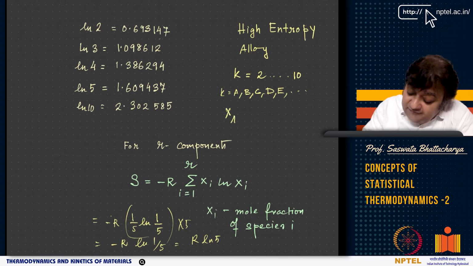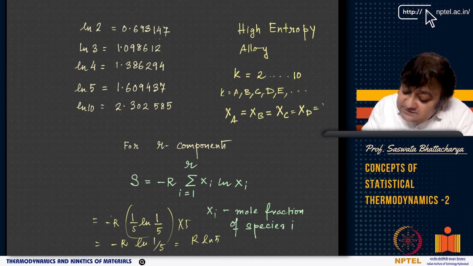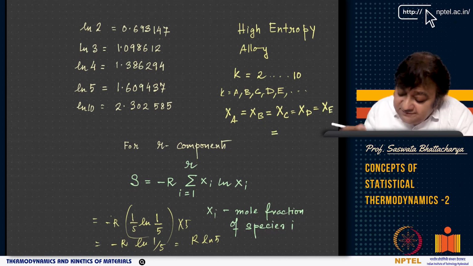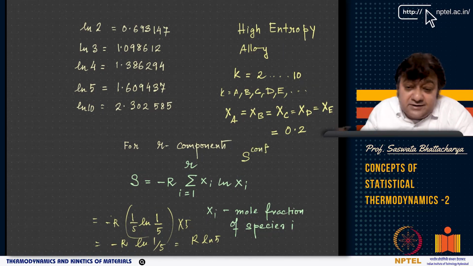When you have equal proportion, say I have 5 elements, xa equals xb equals xc equals xd equals xe, and these all have to be equal, right? The sum is equal to 1, so each has to be equal to 0.2. Now in this case, the entropy S, or you can call it S conf, because there is also a vibrational entropy that is associated.